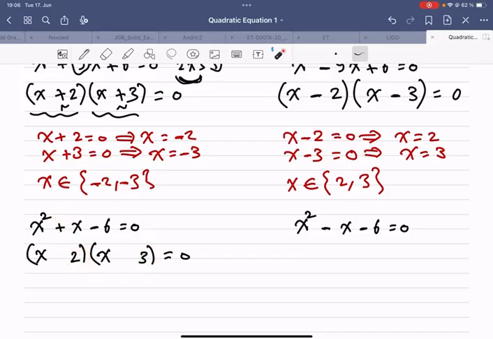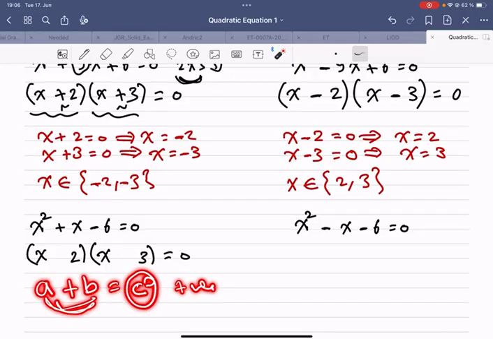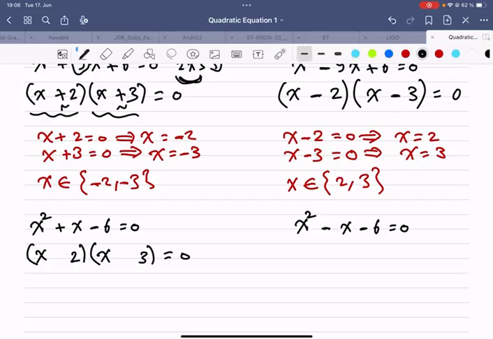When you add a plus b equals c, if c is positive and one of them is positive and one is negative, the bigger one will be positive. For example, 3 plus negative 2 will be 1.